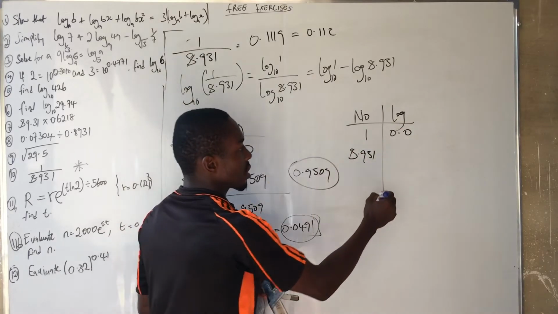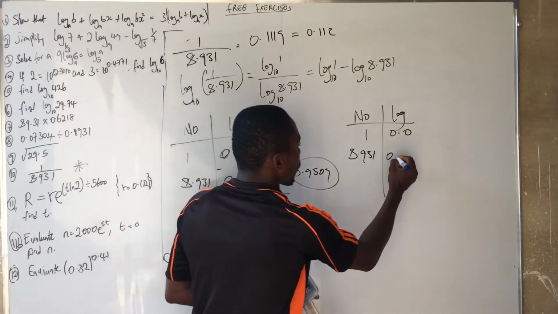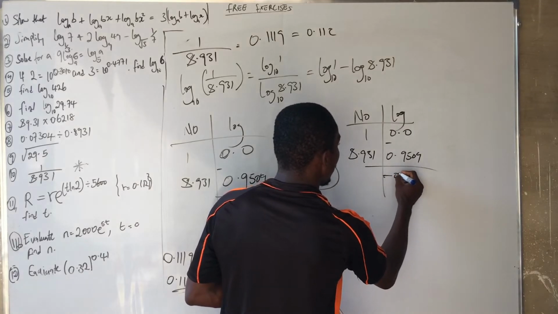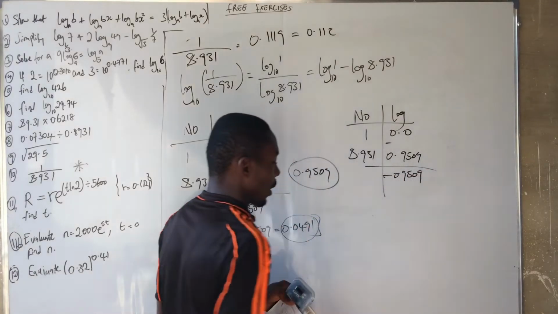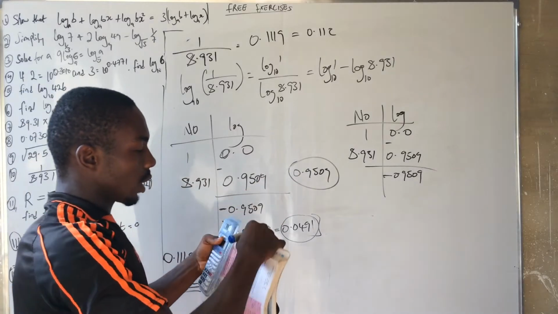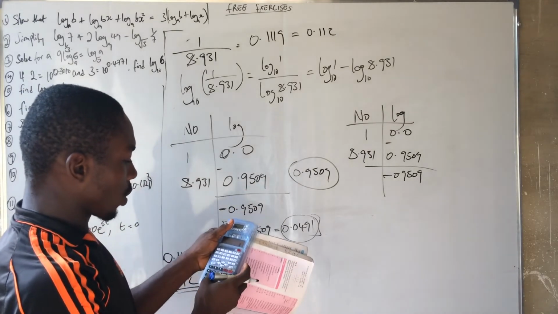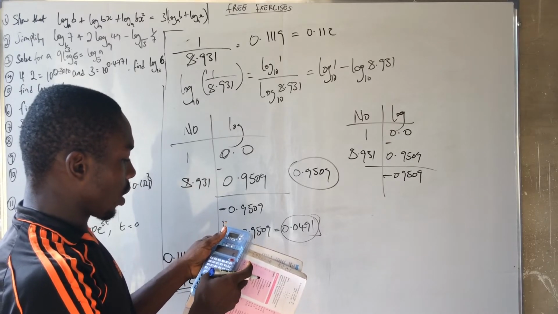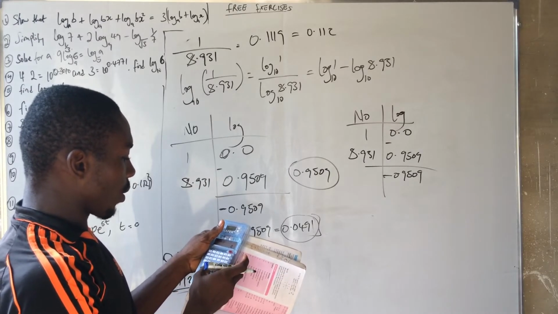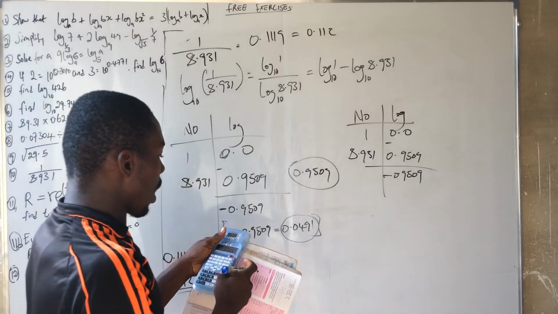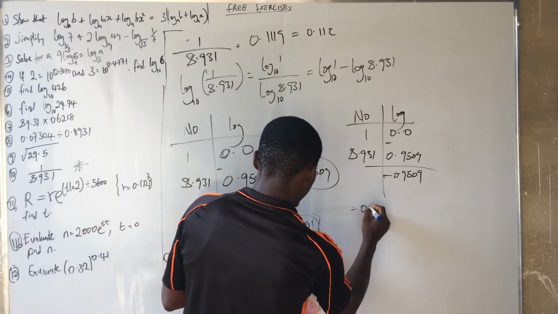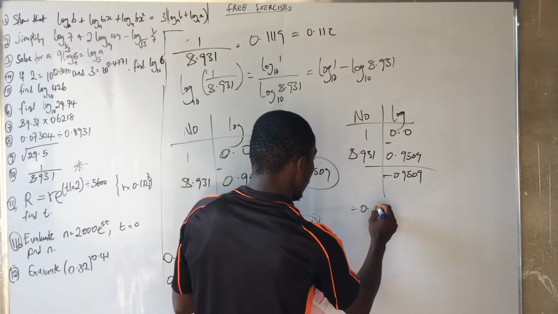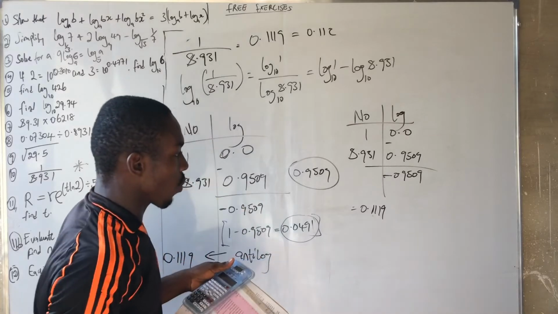The number 8.931, the characteristic is what? 0.9509. I subtract to have negative 0.9509. I punch this now in a calculator. The anti-log of negative 0.9509, I have 0.1119.